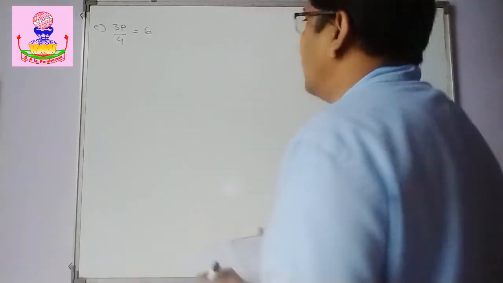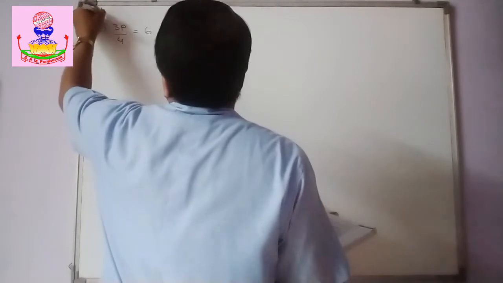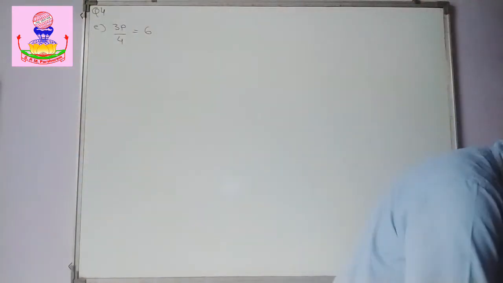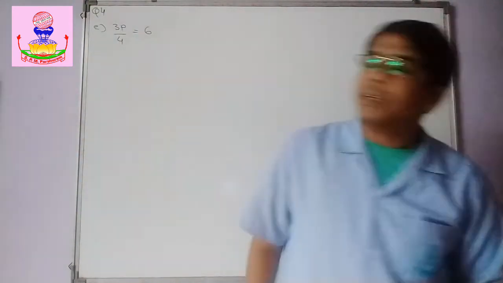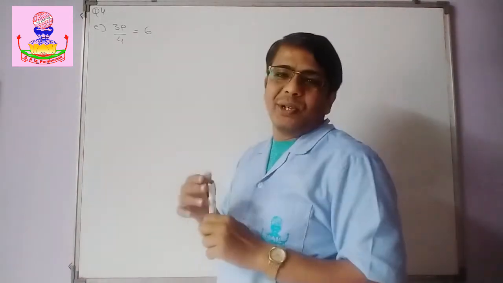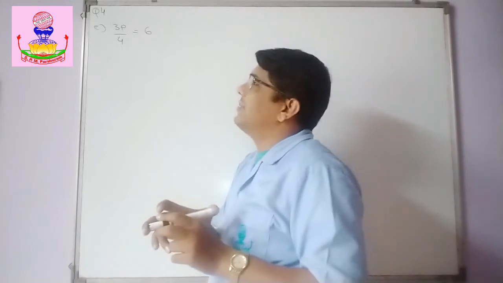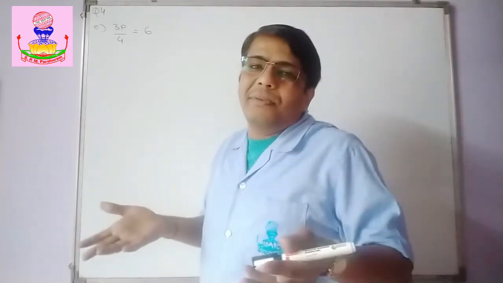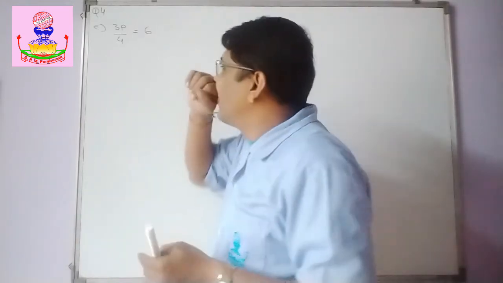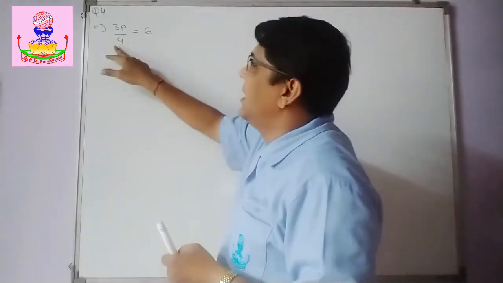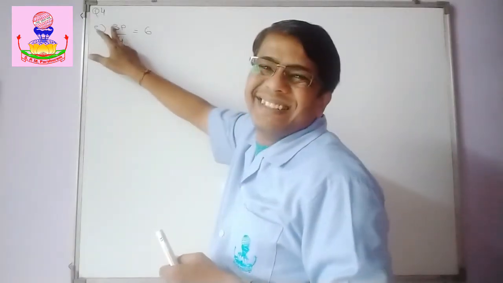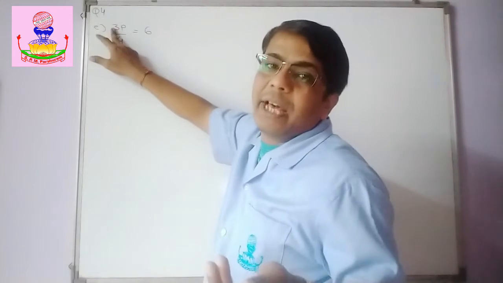Okay, question 4E. So 3p upon 4 equals to 6. Okay, तो दोनों ही नजदीक के रिश्तेदार है, right? Close relatives. So first you can choose any one. So last time I have taken division first, right? Now this time I will take multiplication. Let us see what happens.